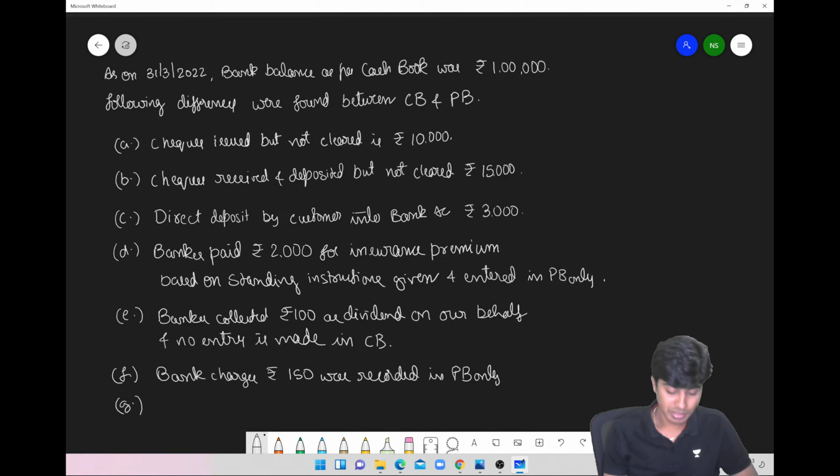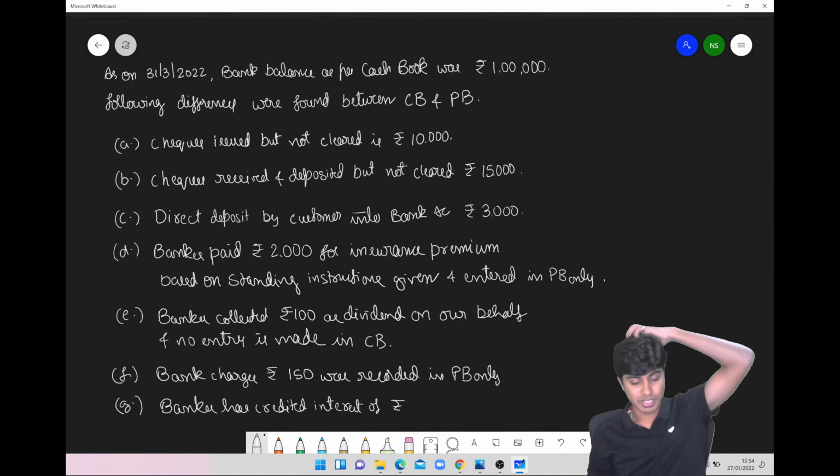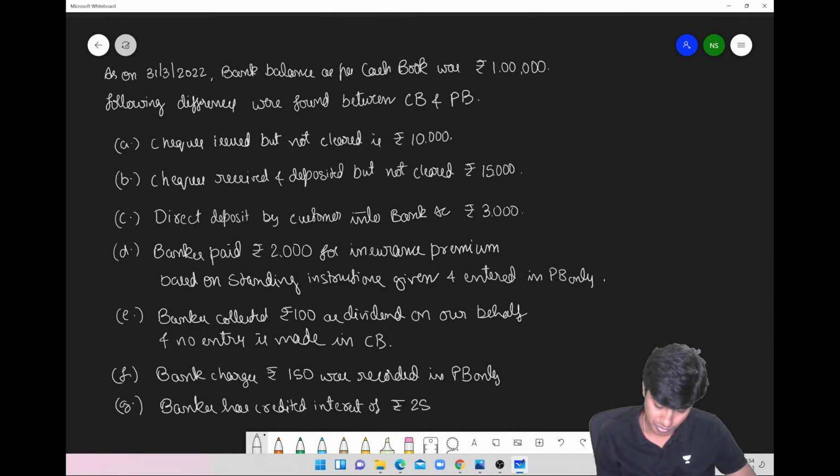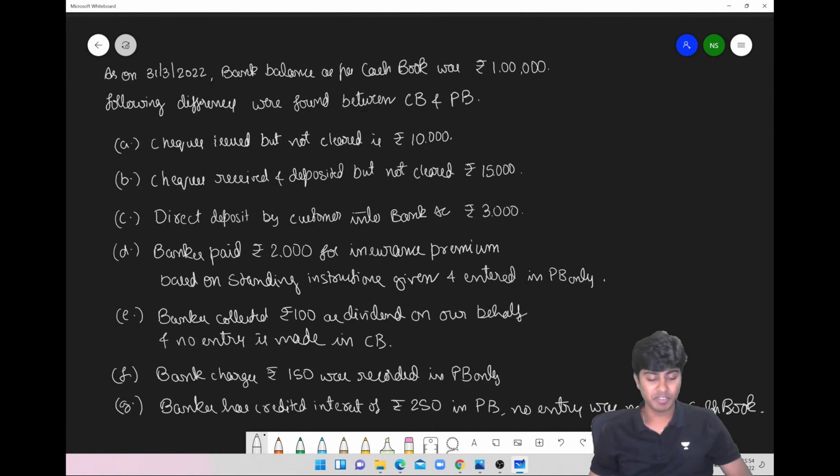Last, the final adjustment: banker has credited interest of rupees 250 in passbook. No entry was made in cash book. So these are the differences that we have.